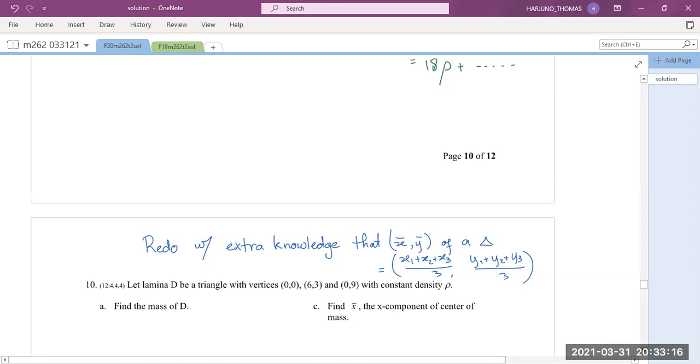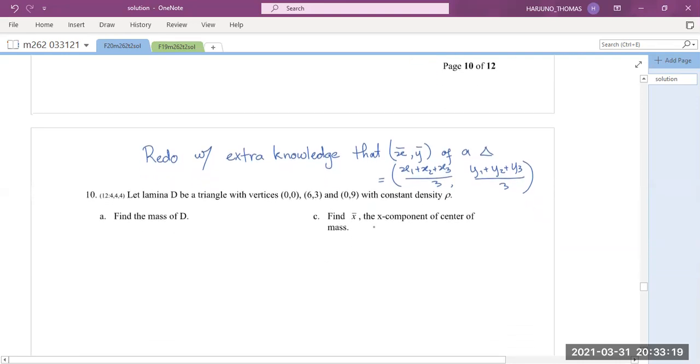So for part C, that person can just say x bar equals 0 plus 6 plus 0 over 3, that's 2. End of story. That's his 4 points. And the mass of that lamina D is rho times the area, which I did earlier, right? That's 1/2 times 9 times 6, that's 27 rho.